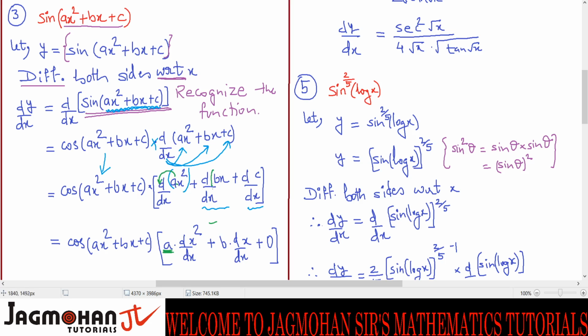Then d by dx of bx, once again the same kind of rule you apply. b is a constant multiplied to x, so b will come out, and d by dx of x, plus d by dx of a constant. There is no x here, so it is independent of the x variable, so it's a constant. Derivative of a constant is 0, so you have written derivative of constant 0 here.